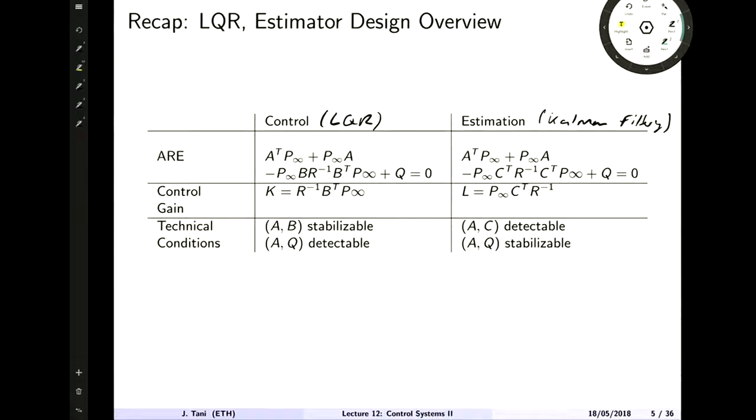Also, we have technical conditions which are related, and I haven't noted the exact transition, but I think B equals C transposed will bring you from the left-hand side to the right-hand side. So closely related, if you have understood one of these, you have also understood the other.